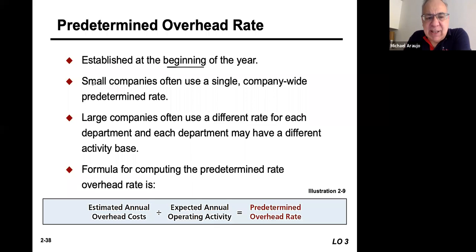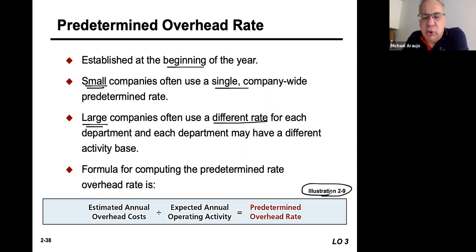Depending on the size of the company, whether the company's very large or very small, they might use a single predetermined overhead rate, or they might actually have several rates for different departments to use when they allocate overhead based on the job that they're doing.